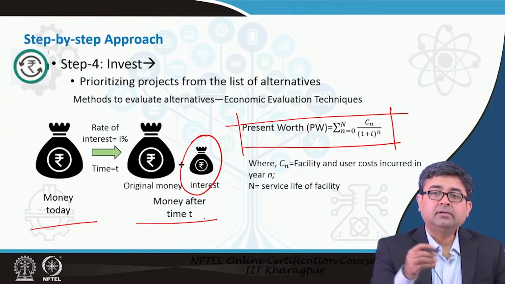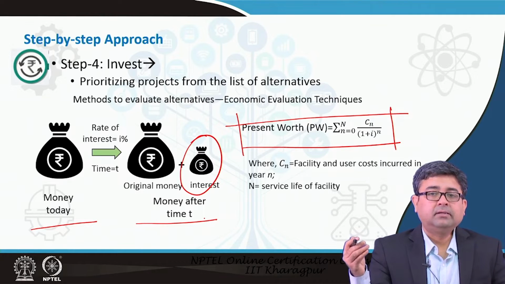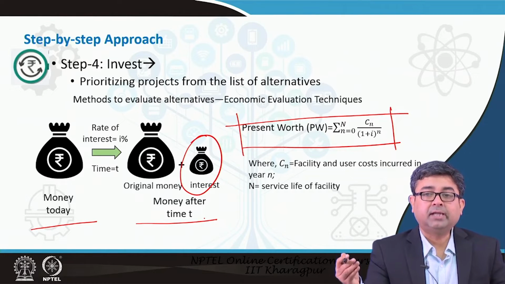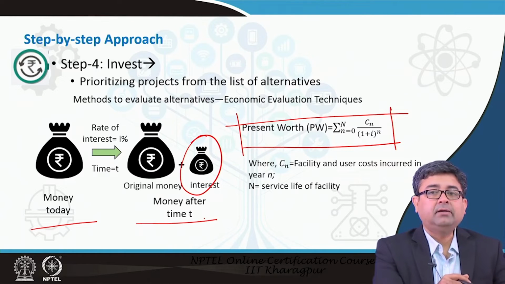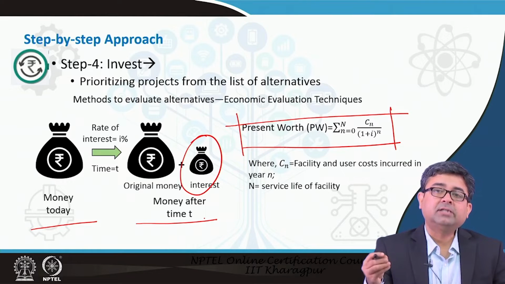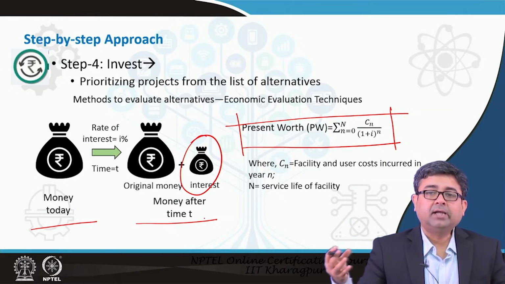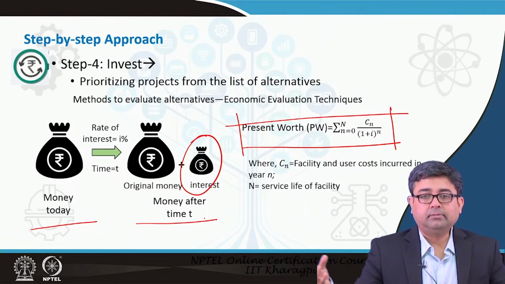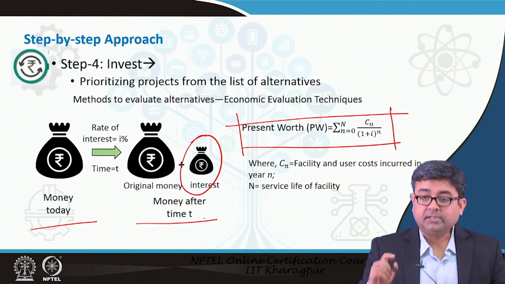I can invest money and get some interest if I put it in a bank, but instead of doing that, I am investing it in NMT infrastructure. So, when I invest in NMT infrastructure, I still want some returns in the future, and those returns have to be of higher value than what a bank would give me in return. So, that is the primary consideration.